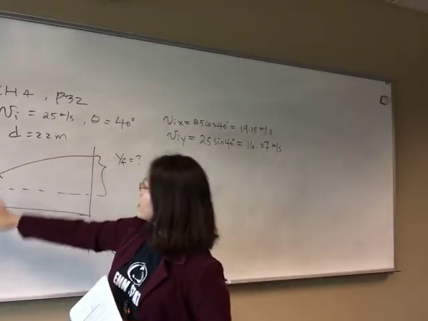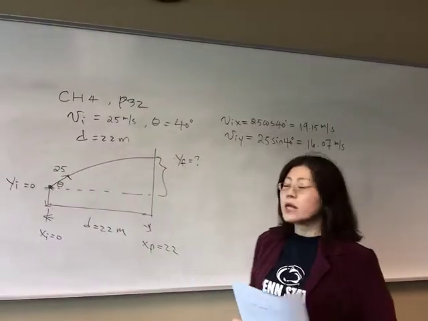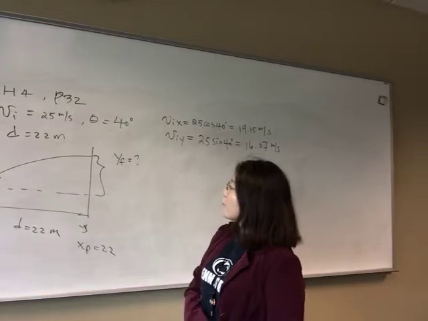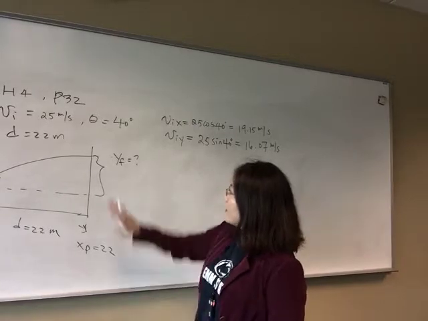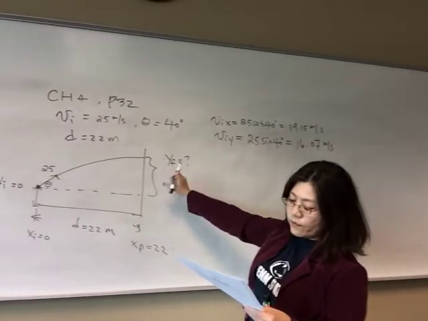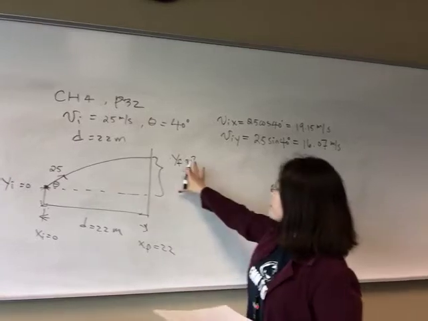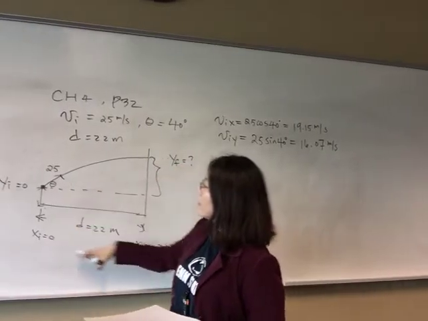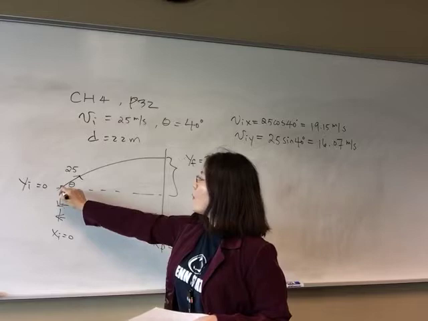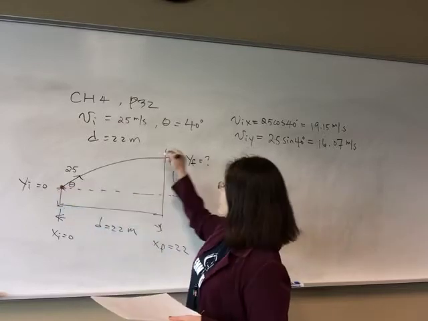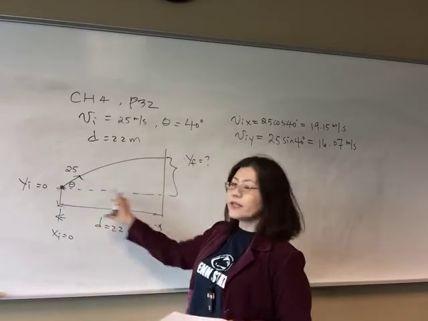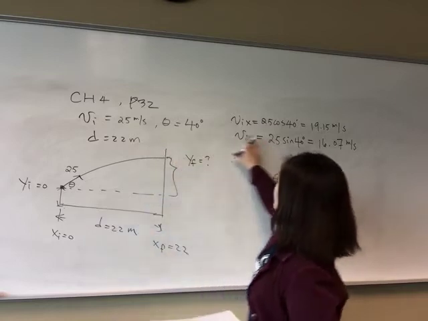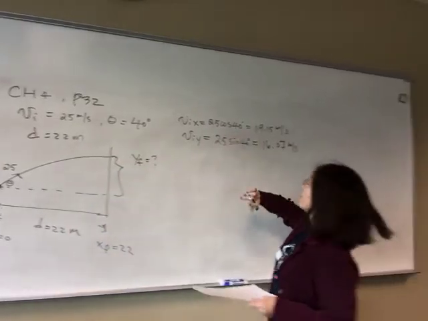All right, so you have initial velocity in the vertical and horizontal direction. Look at this diagram again and see what we can do based on the information. You're asked to find how high above that. In order to do that, you probably need to find the amount of time for the ball to go from this point to that point. We have the horizontal distance that is given, and you have the horizontal initial velocity.